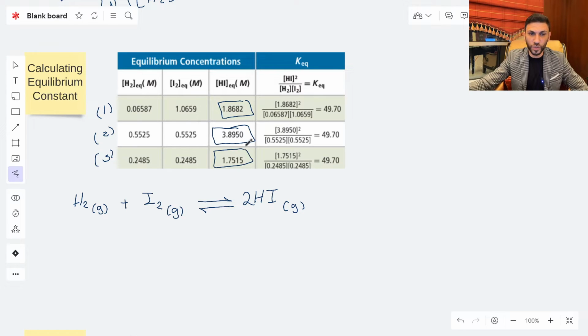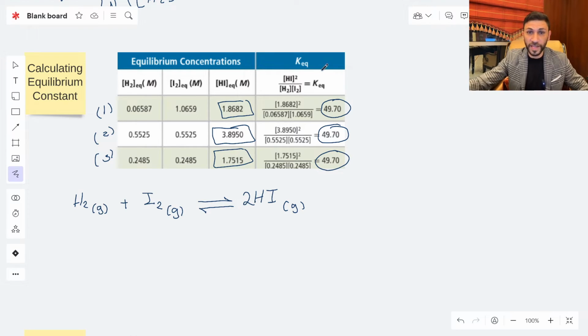Different concentrations. So basically the 3 species, we have different concentrations for them. When we apply the KEQ, you will find, after you calculate it, and you guys can check the answers, that KEQ is constant. No matter how you change the concentrations, it's always constant: 49.7, 49.7, 49.7.